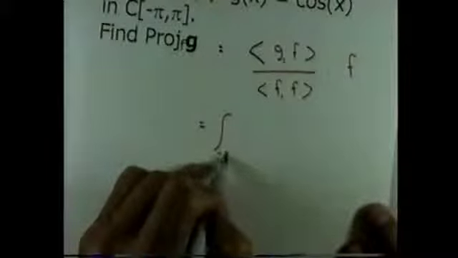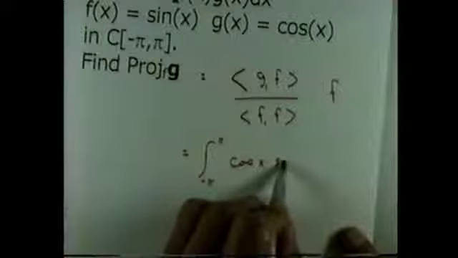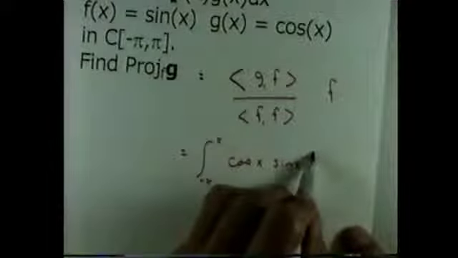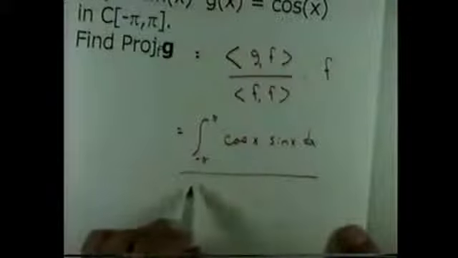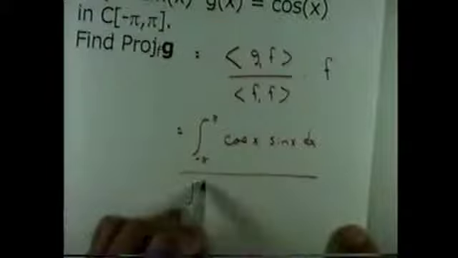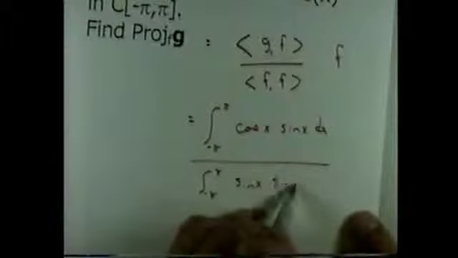Well, this is going to be the integral from negative pi to pi, and g is the cosine x, cosine x, f is sine x dx, and for f with f, integral from negative pi to pi, and f is the sine x, so this would be sine x dx, times f.